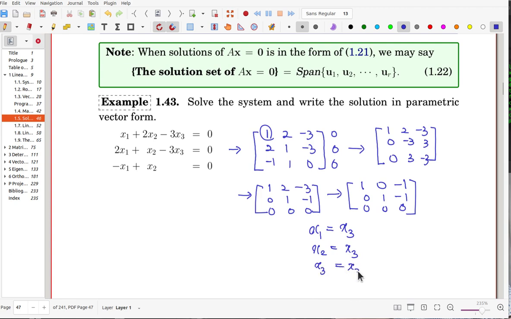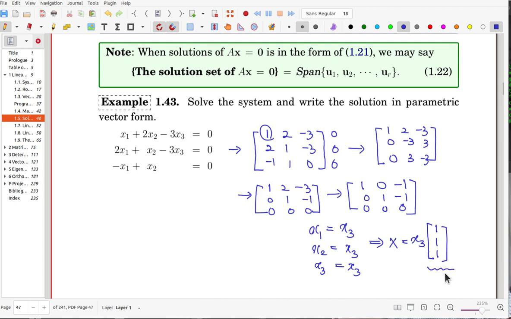So we can get the solution: x equals x3, a parameter, times the vector 1, 1, 1. So the solution set is the span of this vector.